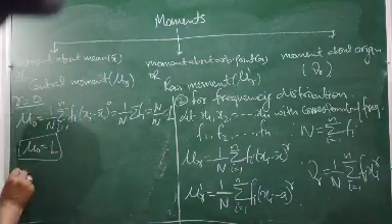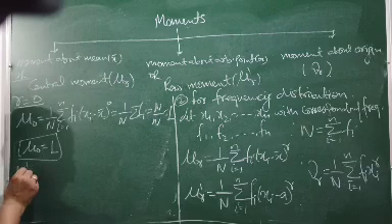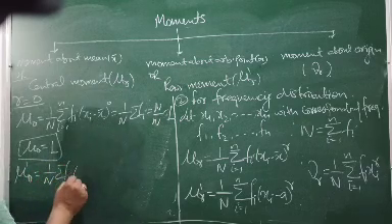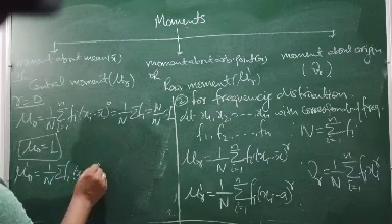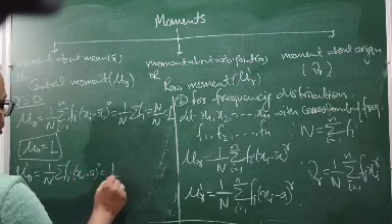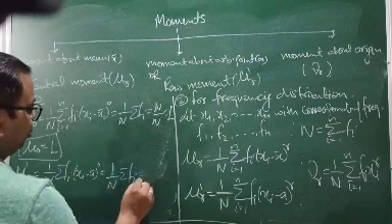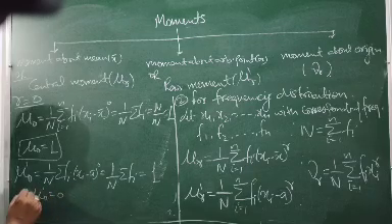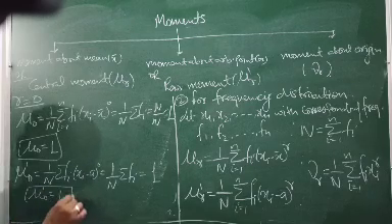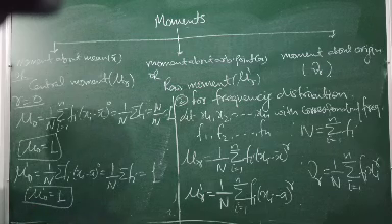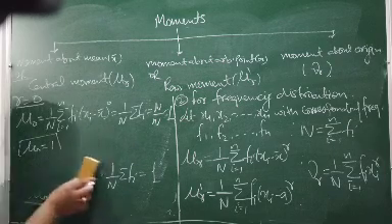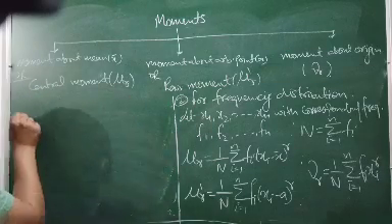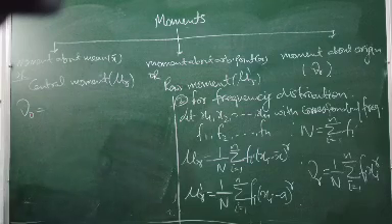Now we calculate mu dash 0. Mu dash 0 is 1 upon capital N summation fi (xi minus a) to the power 0. So this is also 1 upon capital N summation fi, which is also equal to 1. So mu dash 0 is also equal to 1. Then the last one is nu 0.